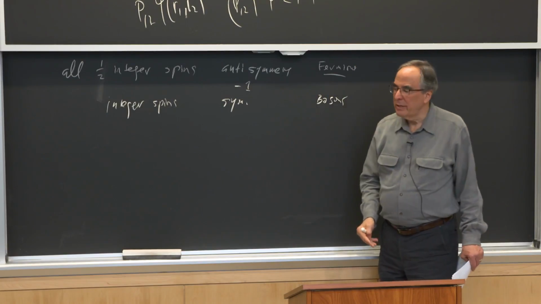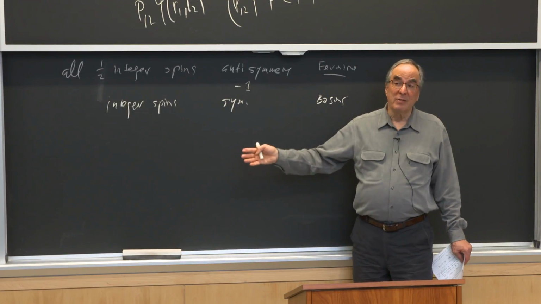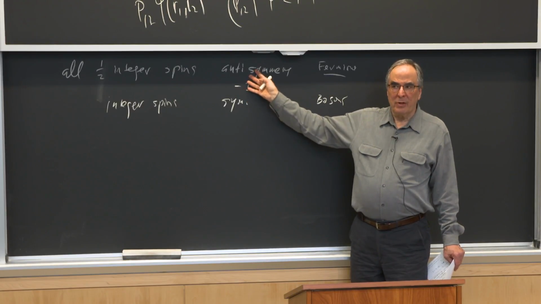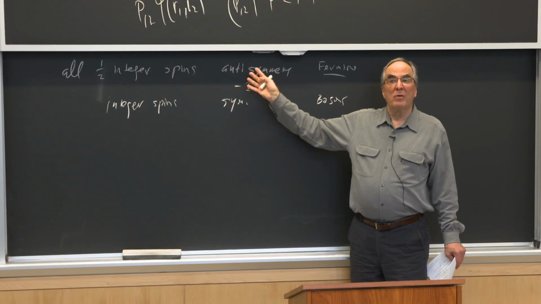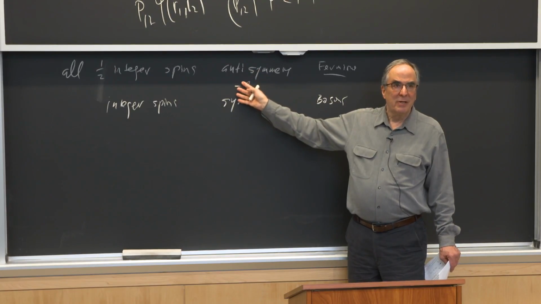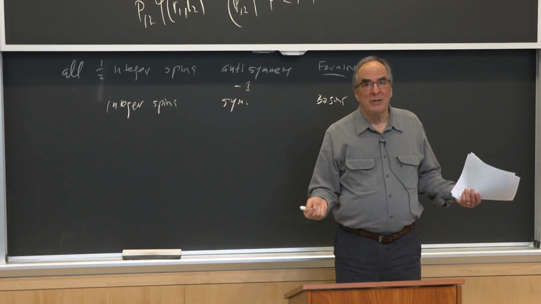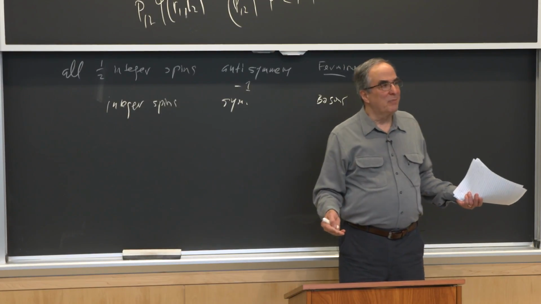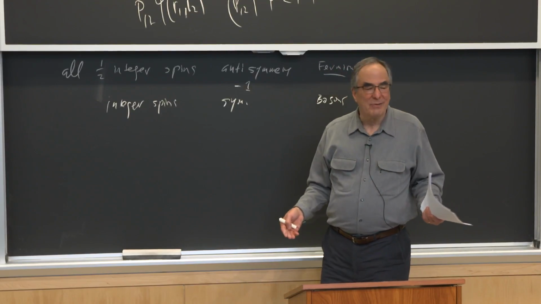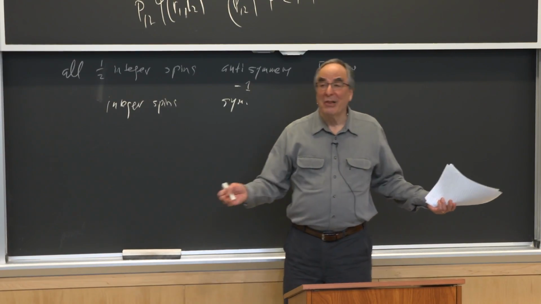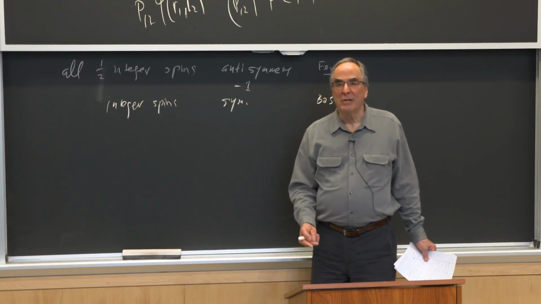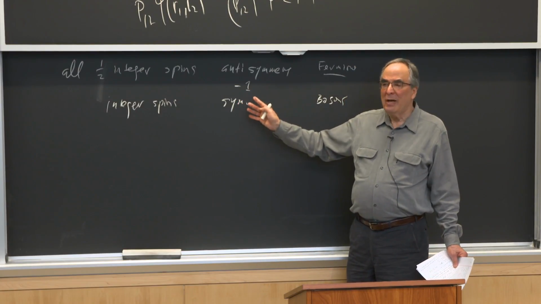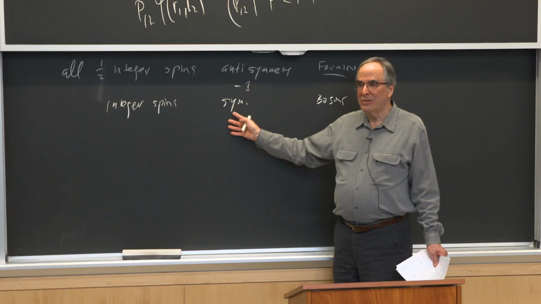So we have to write wave functions of the electrons which are antisymmetric with respect to the permutation of every pair of electrons. So for helium, we only have 2 electrons. It's not so bad. But when you think about something like carbon monoxide, or some other molecule where there's more than 2 electrons, there's a god-awful number of permutations. And you have to build them all into the wave function.